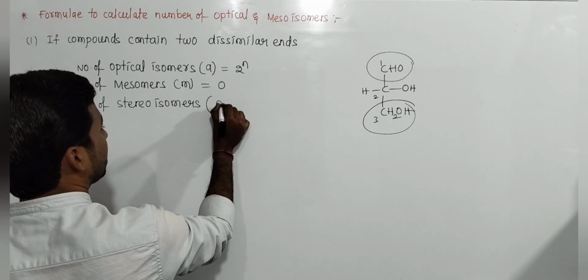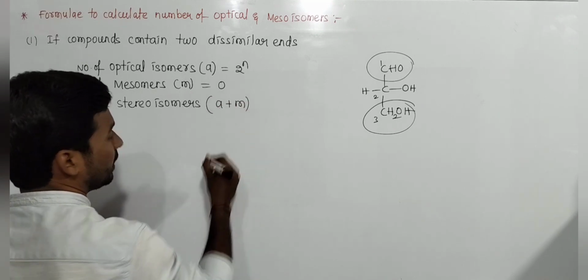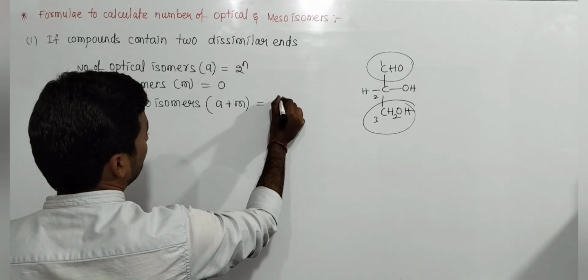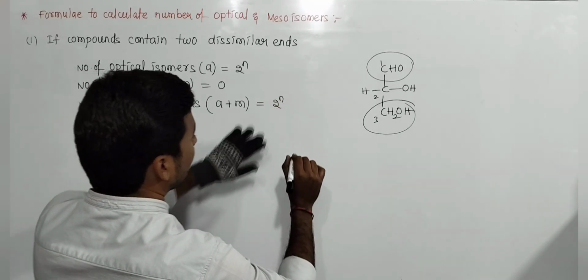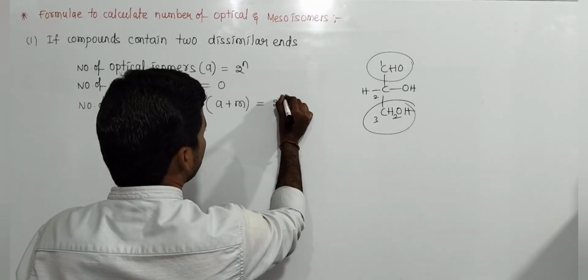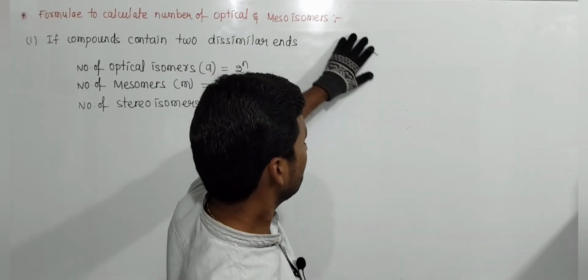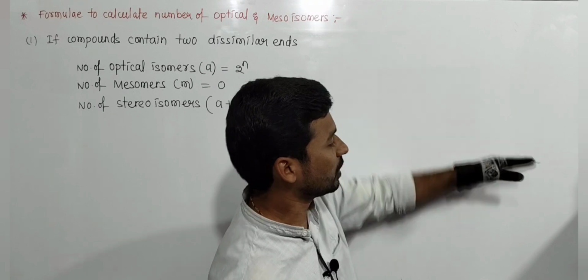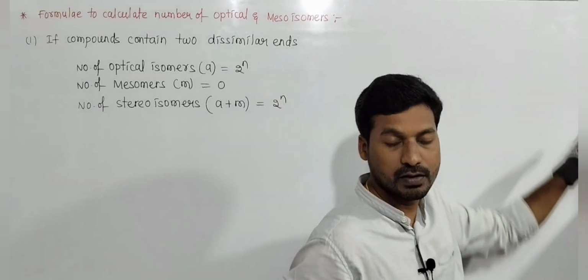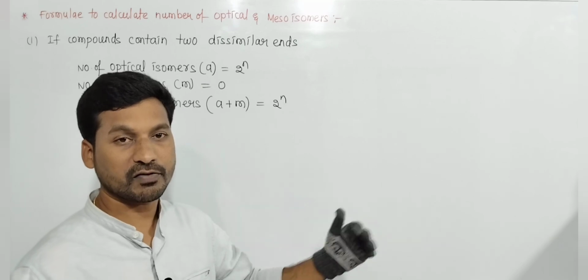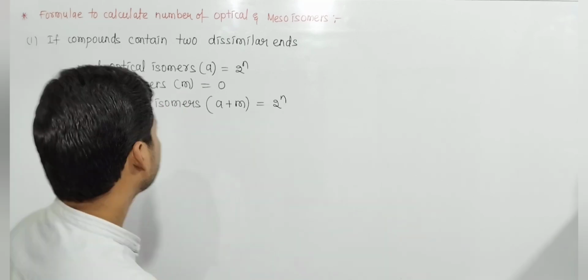The number of stereoisomers is equal to the number of optical isomers plus the number of mesomers, that is 2 power n plus 0, that is 2 power n only. In this way, if the two terminals of an organic compound are not similar, by using these formulas we can calculate the number of optical isomers, mesomers and stereoisomers.